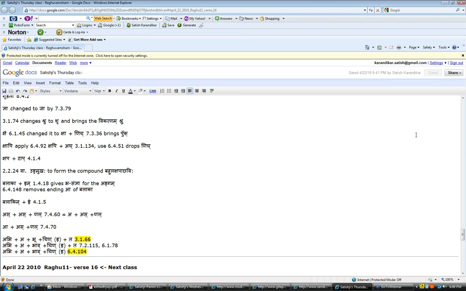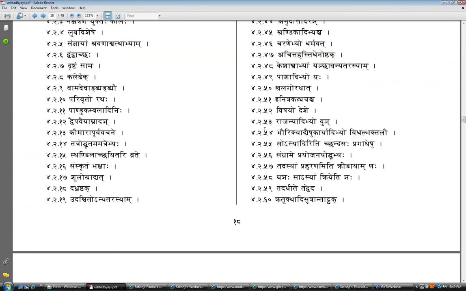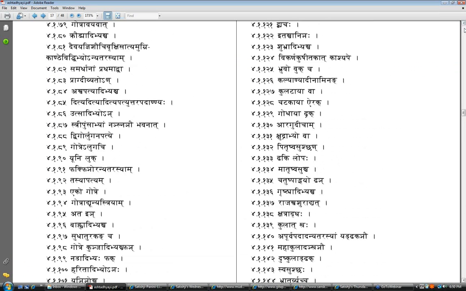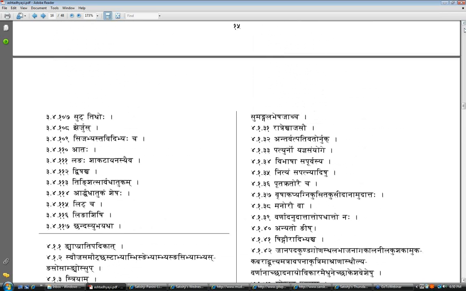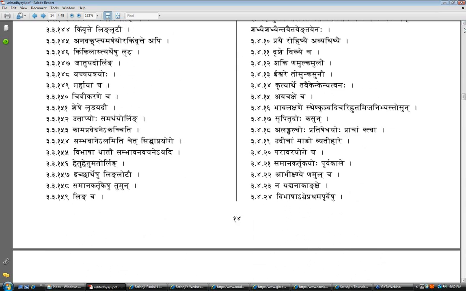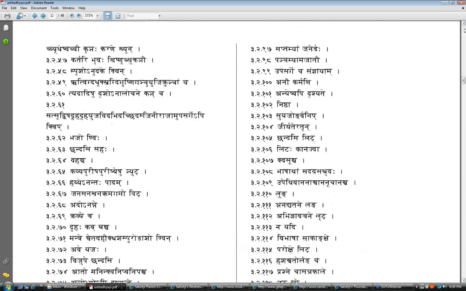This means that either in the impersonal passive or in the passive which has an object, in both these cases you can only use the Atmanepada ending. And this rule generally does not have any exceptions. So if you're looking at a verbal form which is not Atmanepadam, it is not passive. As simple as that.